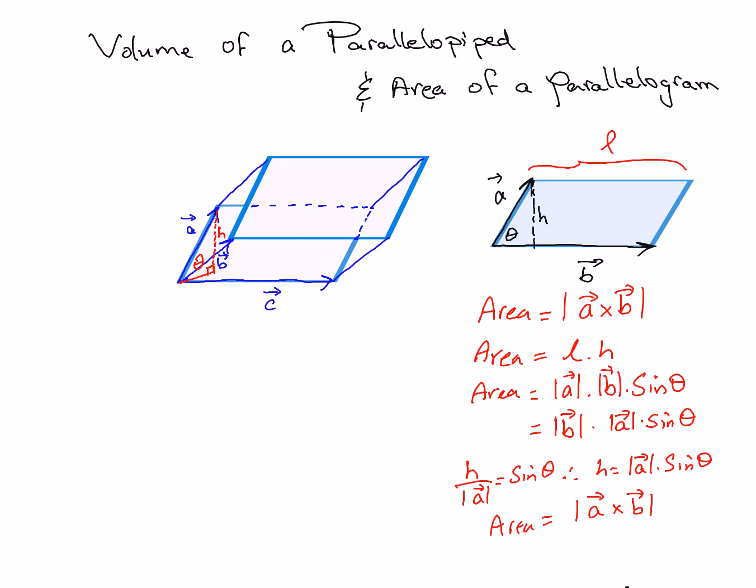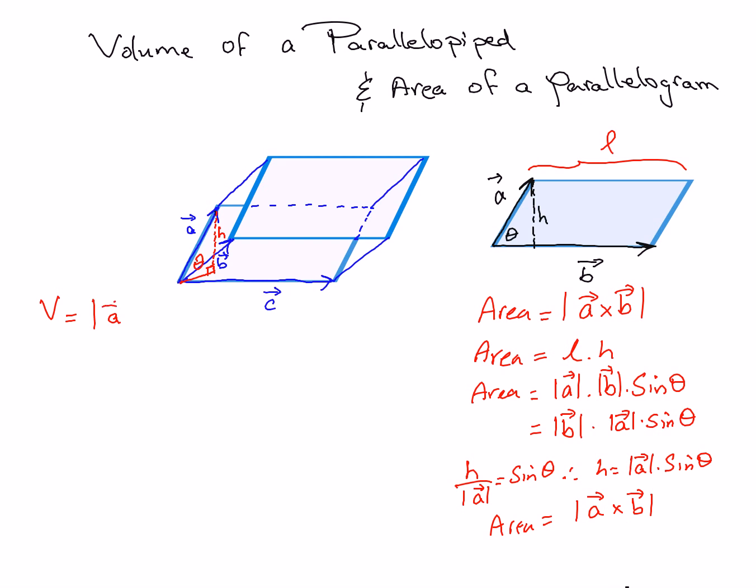In a similar approach, we're going to show that the volume of the parallelepiped that is formed by the vectors A, B, and C is given by the magnitude of the triple scalar product.